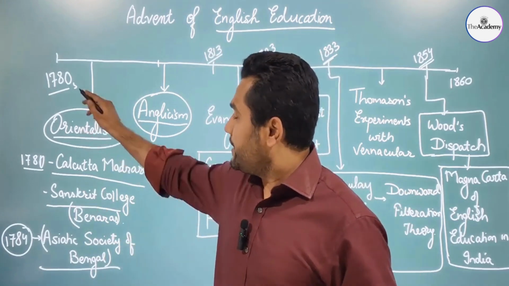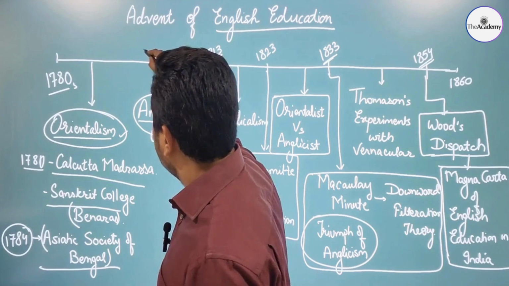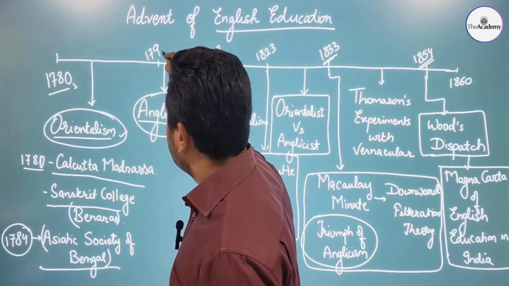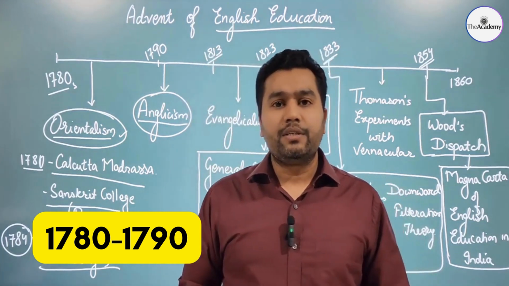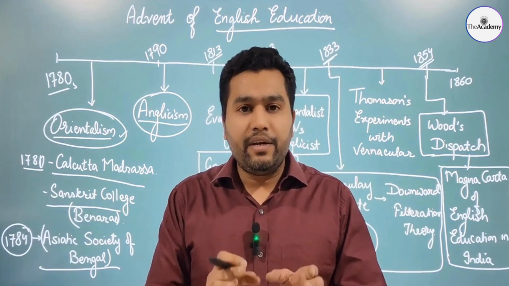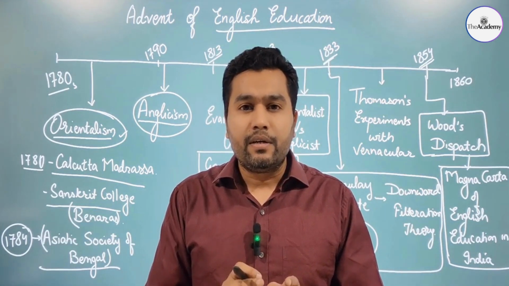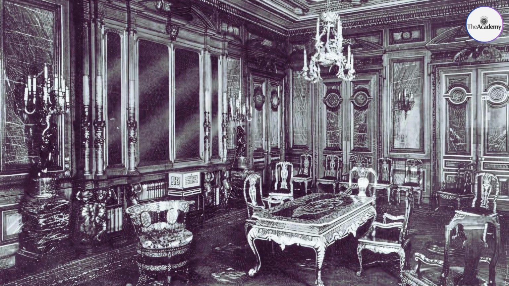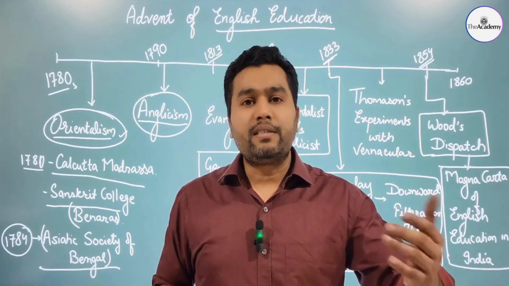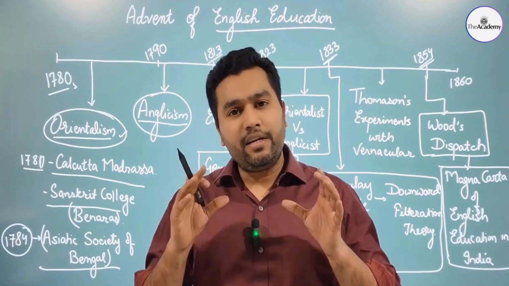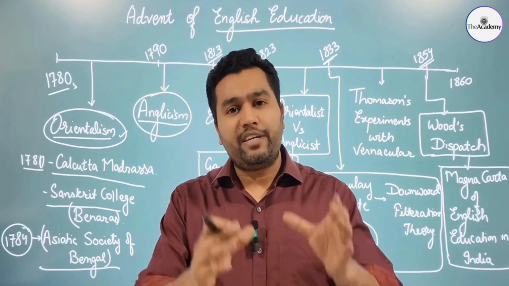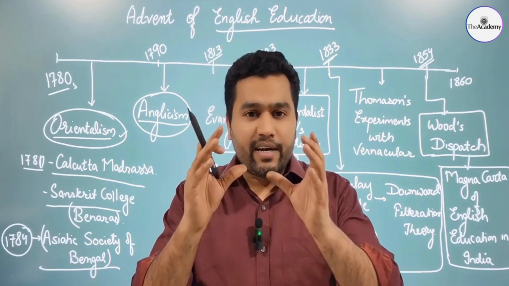During the time period of Orientalism from 1780s up till 1790, the English studied the Indian society in their ivory chambers by asking various Pandits, Maulavis to explain the scriptures, the texts, and the English tried to understand the Indian society via that translation, via that explanation.